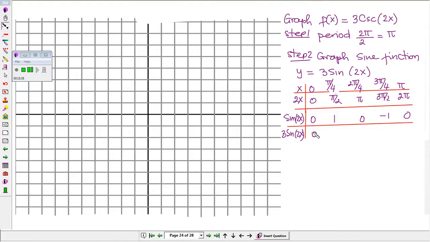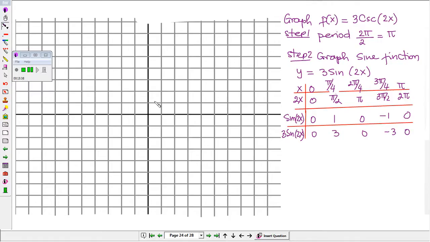So now you can see that your amplitude is 3. So you have 0, 3, 0, negative 3, 0. This is how we graph the function 3 sine of 2x.